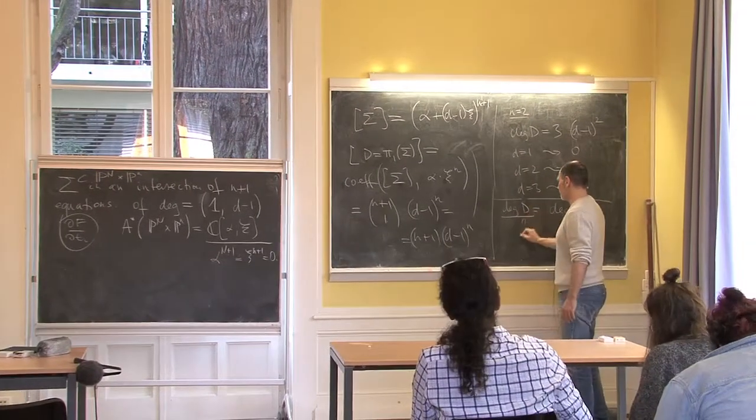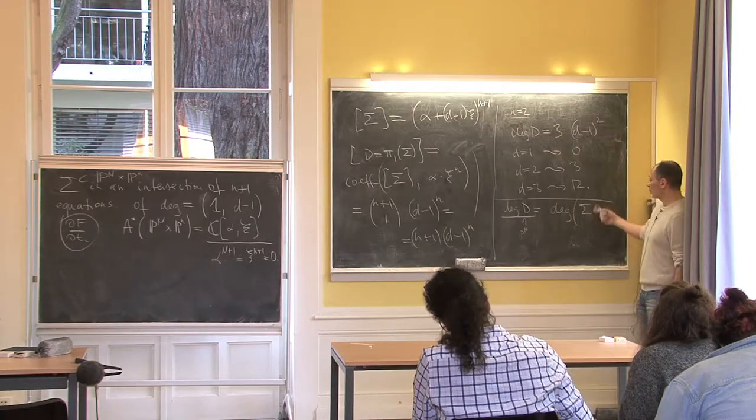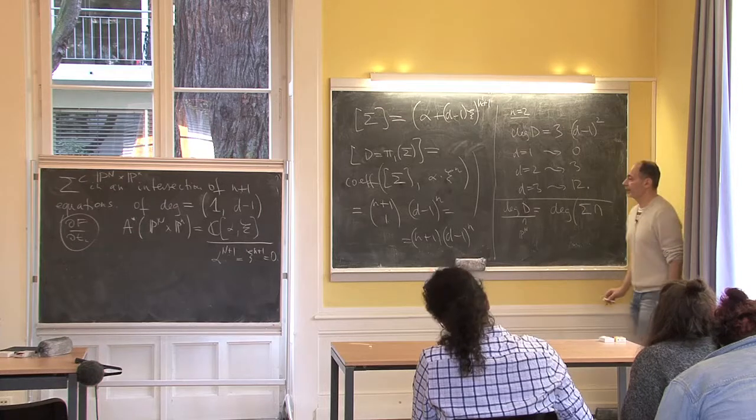Remember, d is just in Pn. Now sigma is in the product. So it's the degree of sigma intersected with what?